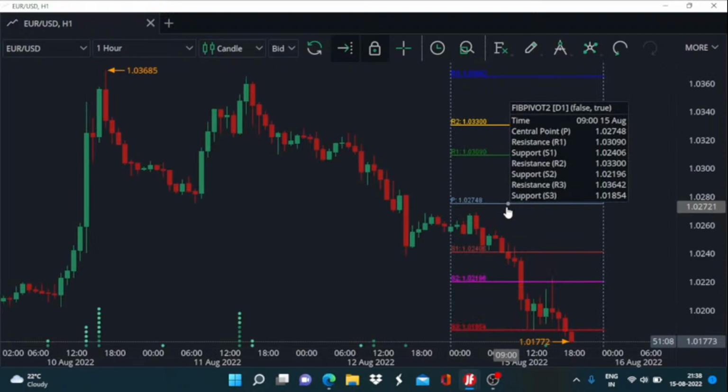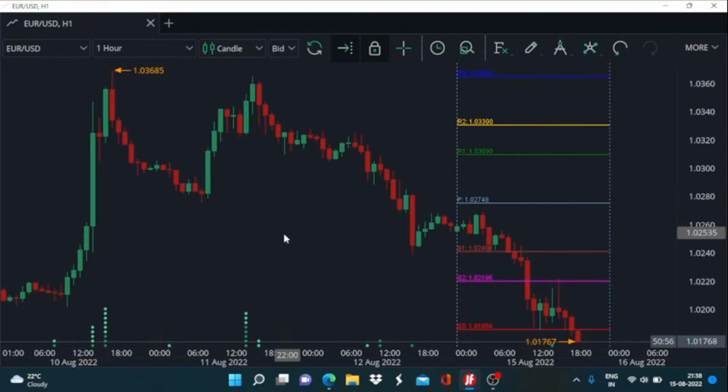This is drawn for the daily time frame with the central point, 3 support levels and 3 resistance levels, the P, R1, R2, R3 and S1, S2, S3. Now coming to its properties, this indicator is drawn using the last day's high, low and the closing price.